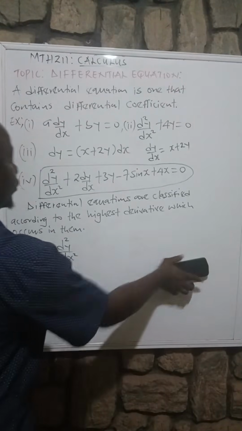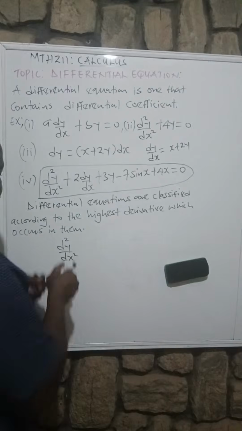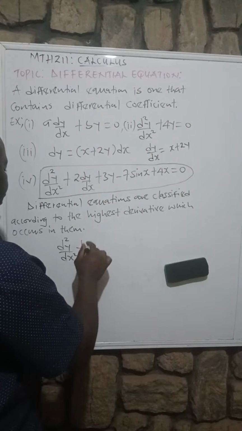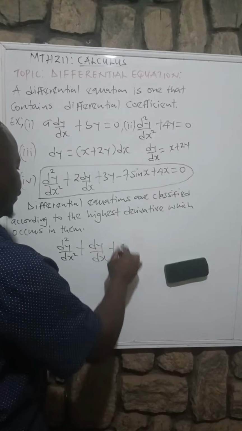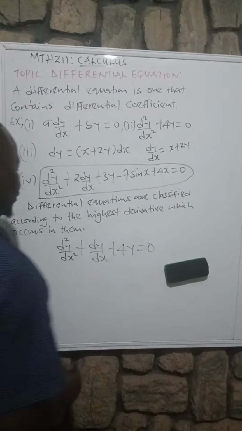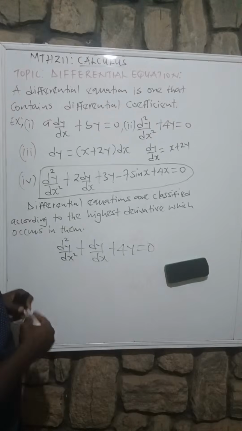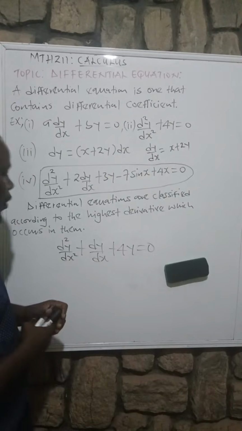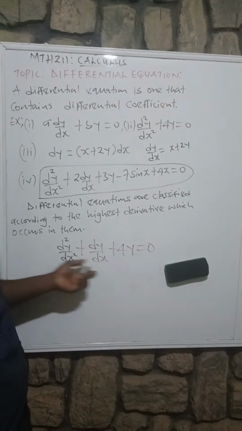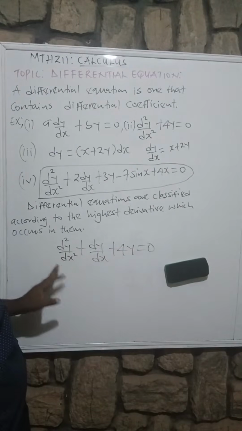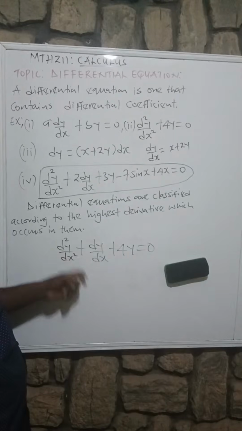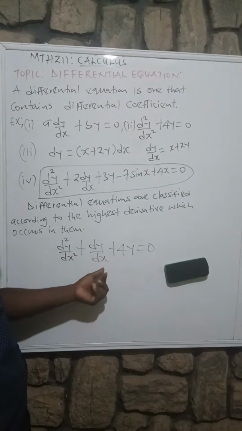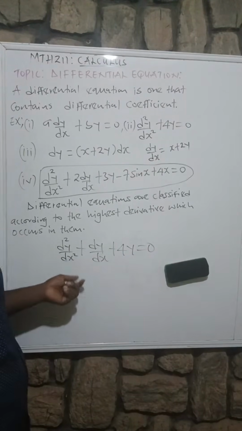So let's look at it. d square y all over dx squared plus 4y equals to 0. You can now see that the highest derivative in this differential equation is d square y over dx square.